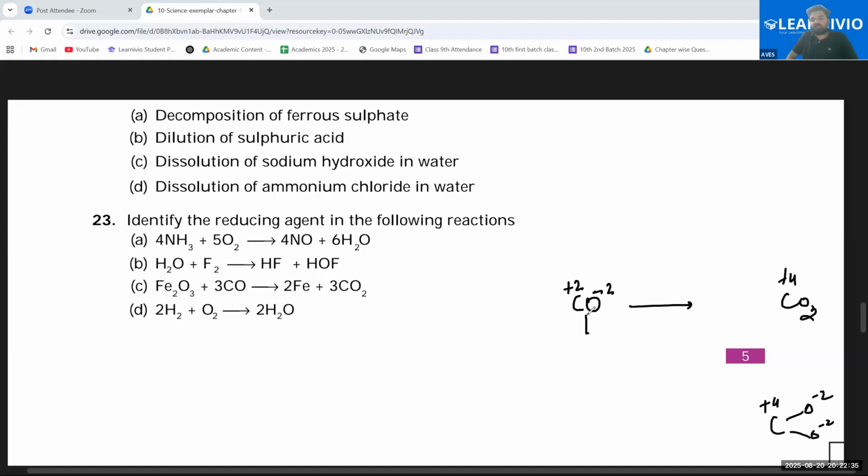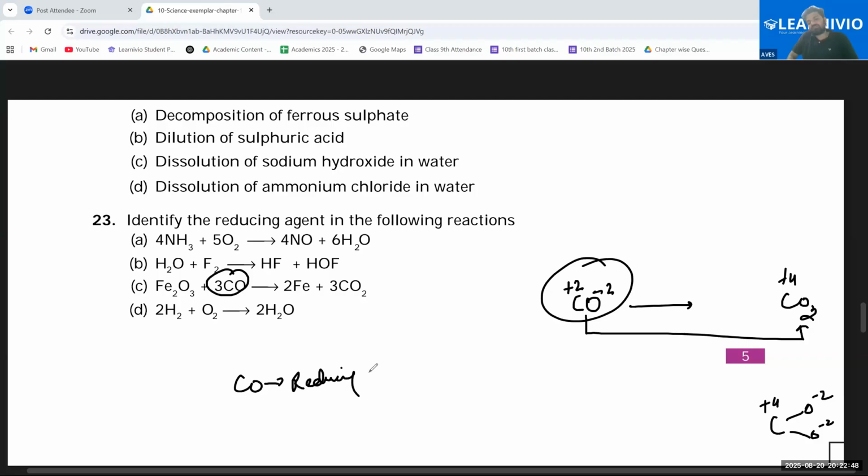So oxygen has been added to carbon monoxide. So it is oxidized, and the one which is oxidized is considered to be the reducing agent. So here carbon monoxide is the reducing agent. And here removal of oxygen is reduction, so it is the oxidizing agent.